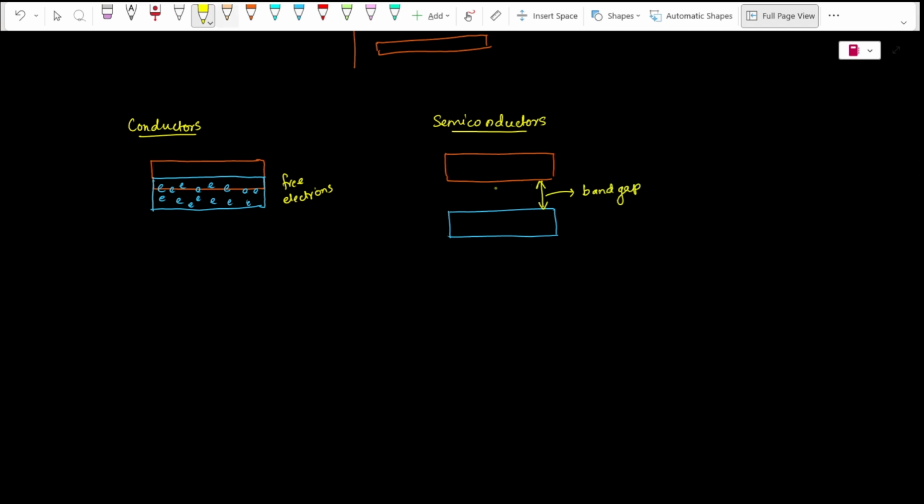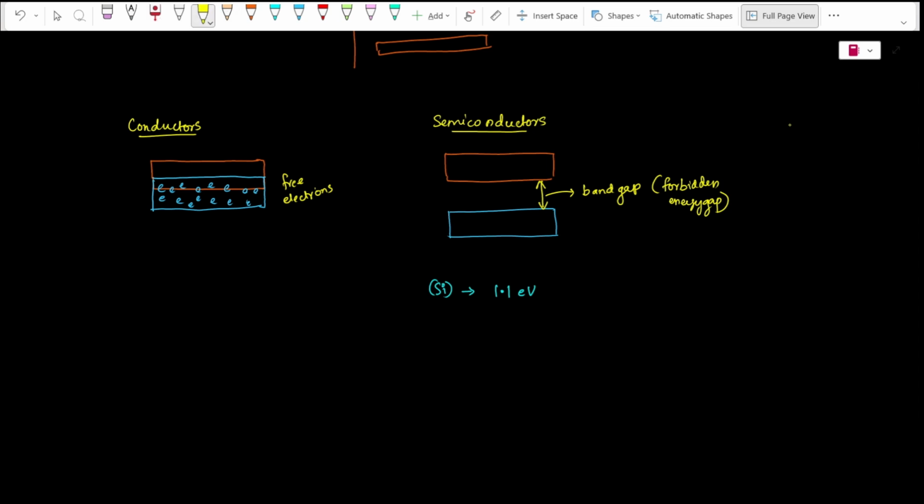It's also called the forbidden energy gap. Now, for example, if I take silicon, this band gap is around 1.1 electron volt. We'll see what electron volt is. It's actually a unit of energy. So we'll learn about these in the coming videos.